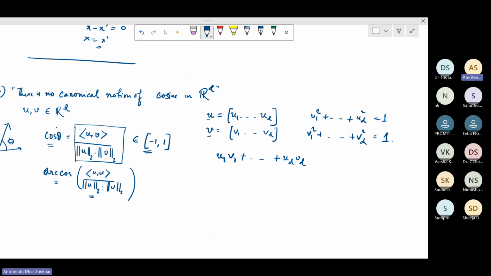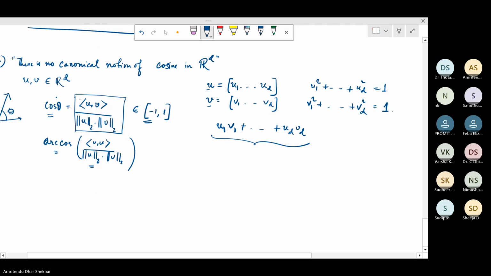You will see that this expression is going to be maximized or minimized if v is of the form that exactly one of the components is equal to 1. So there's exactly one component equal to 1, the rest are zeros.